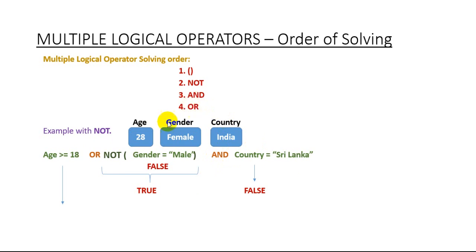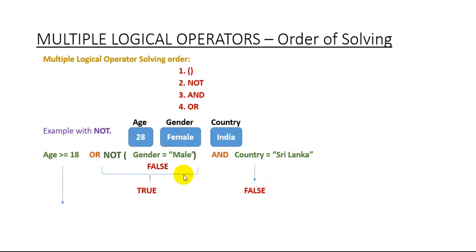After that only the OR will be worked out as it is, since there is no bracket for the age and NOT. If we had another bracket here, then we would have worked out the OR first, but in this case the brackets are not there for that. The bracket is there only for the NOT part, so NOT is worked out, and the NOT of that is true, done. Country equals Sri Lanka is false, because it's India.